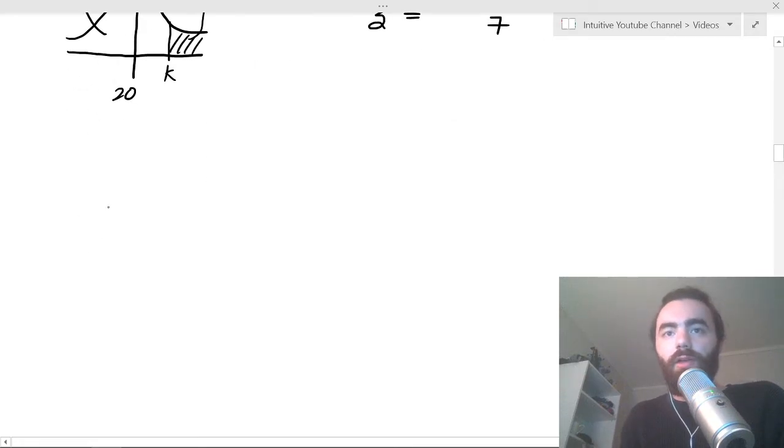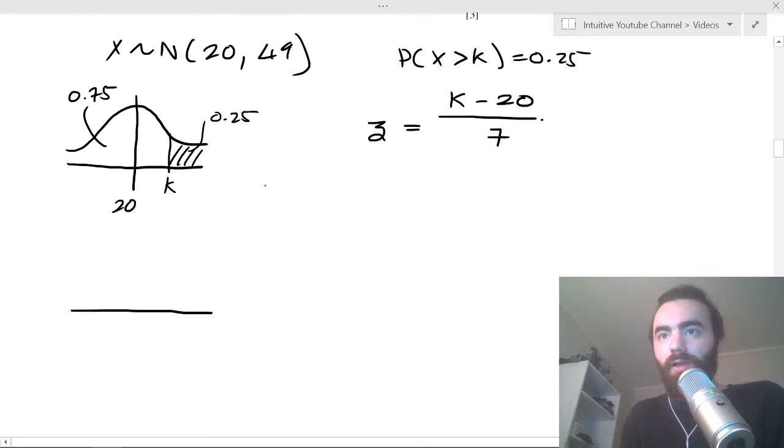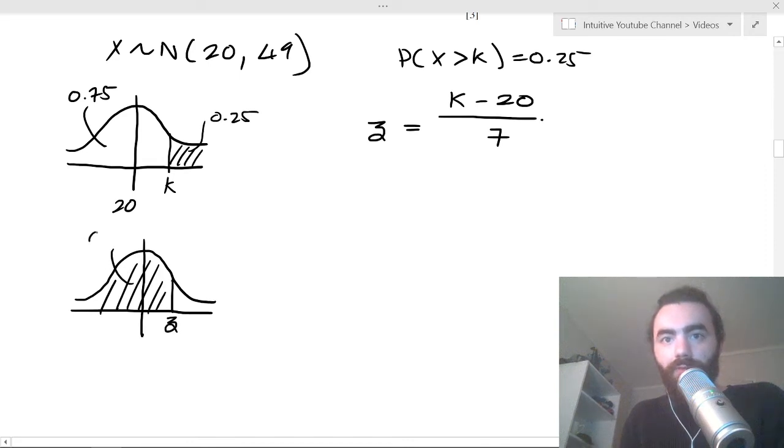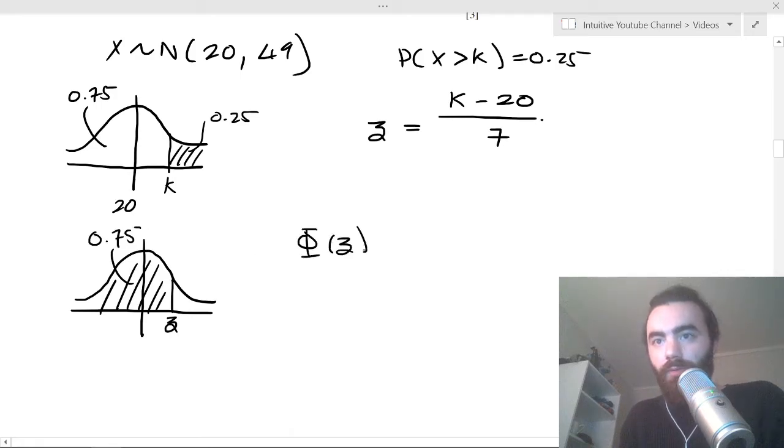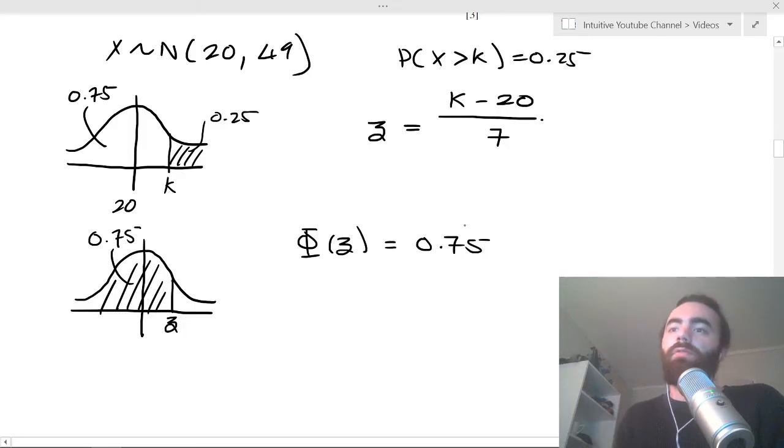And the reason that helps us is that this z value is going to be able to be found from the table. So the z value will be the one equivalent to the probability of 0.75, and we can find this from the table.